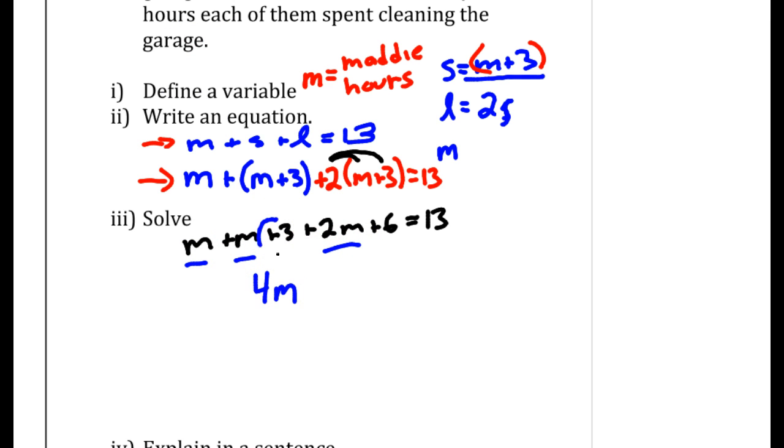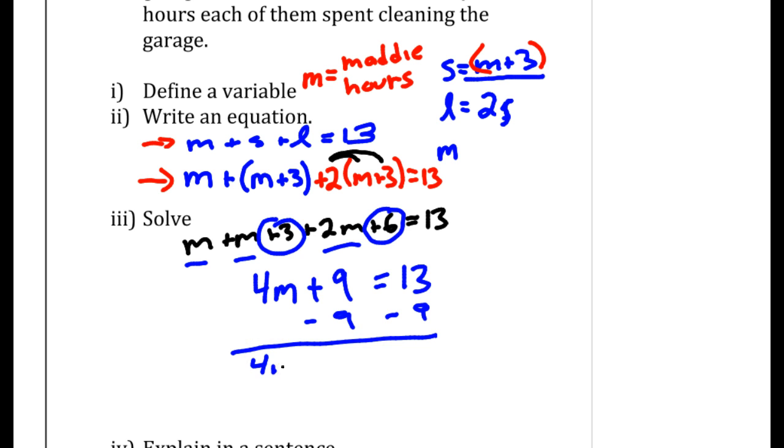And 3 plus 6, which is 9. That equals 13. And now we can solve it algebraically. 4M equals 4. So it looks like Maddie worked only 1 hour. Good.